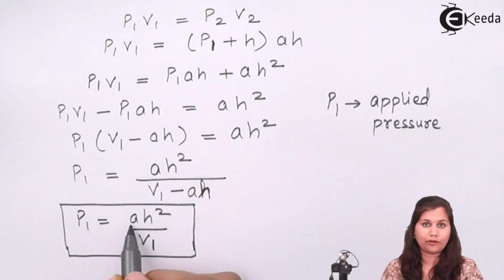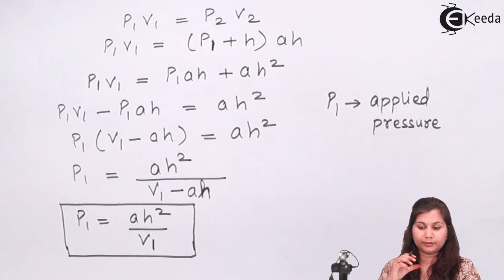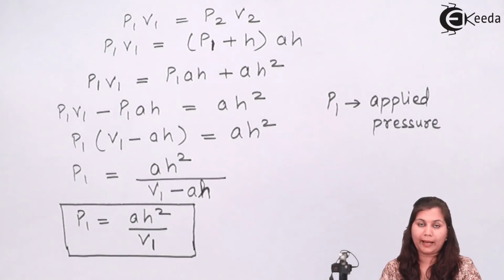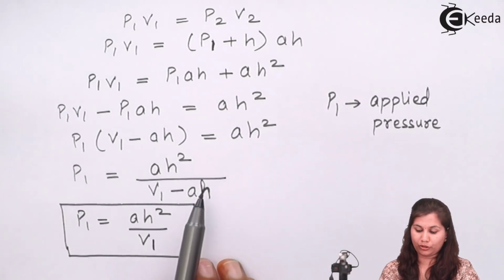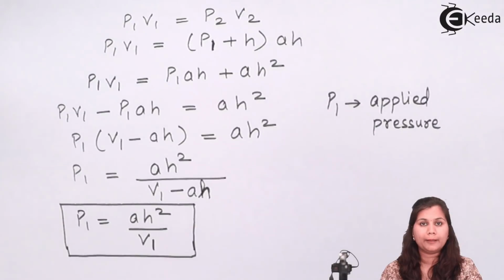A is the area of cross section and H is the height of the measuring capillary in which the gas is trapped at the final conditions. So using that we can find out the applied pressure, and in this way the McLeod gauge can be used for the measurement of pressures.